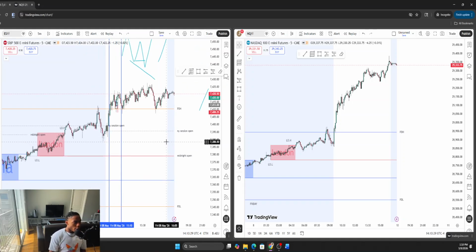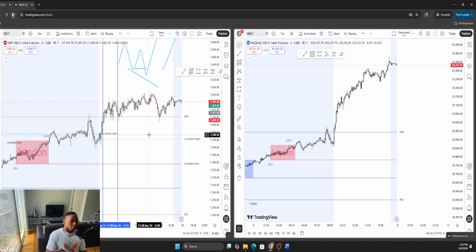One more thing, key takeaway. Make sure you're writing these key takeaways in a section, so have a section for key takeaways. Key takeaway: when we hit session liquidity and we don't have a high time frame gap and don't have a direction, it's perfect for what I call a reset.